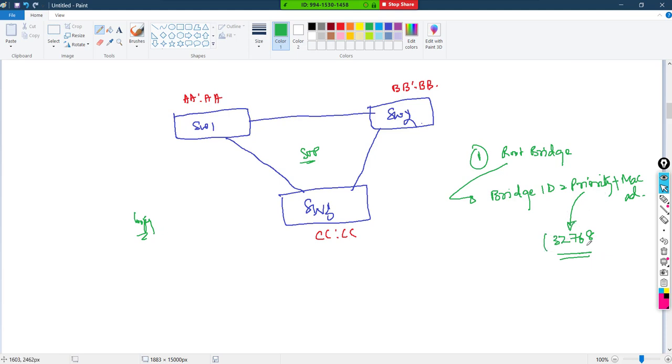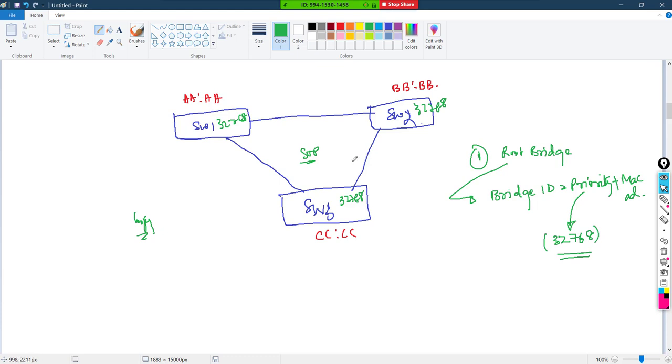This is a constant number on all the devices, and it doesn't change until we manually change it. If it is a brand new switch, by default it is going to be 32768 for every switch unless I change or increase it.